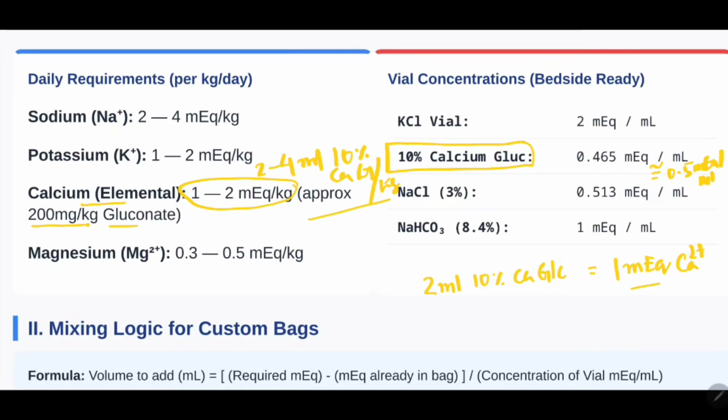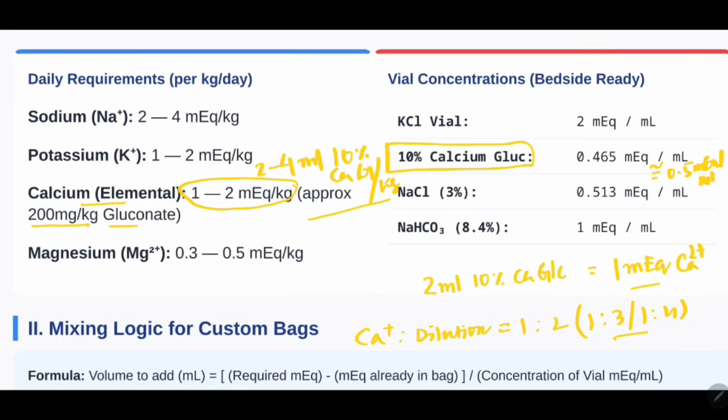Calcium gluconate has to be diluted with 5% dextrose, 10% dextrose, or distilled water in a ratio of 1:2, 1:3 or 1:4.